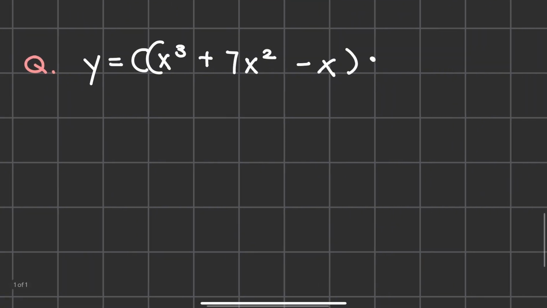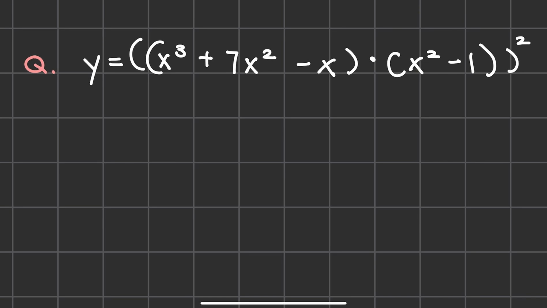So the question becomes, y is equal to x cubed plus 7x squared minus x, and that entire thing multiplied by x squared minus 1. And then, collectively, it's going to be squared. You can pause the video and try yourself, and after that, we can try it together.